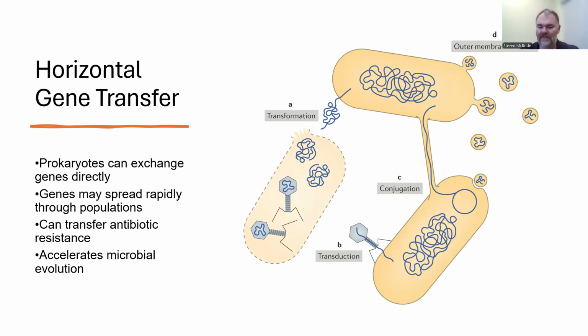A bacterium that evolves resistance to an antibiotic may transfer those resistance genes to other bacteria, allowing resistance to spread very quickly. Horizontal gene transfer accelerates microbial evolution and contributes enormously to microbial diversity. It also creates major challenges in medicine because harmful traits can spread through bacterial populations much faster than we might expect.